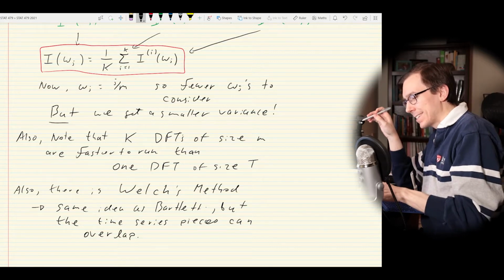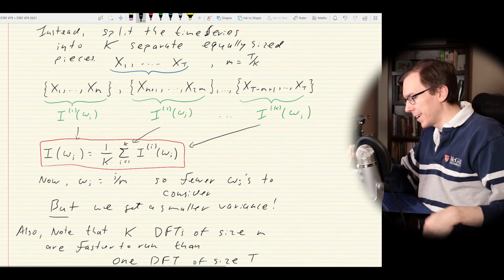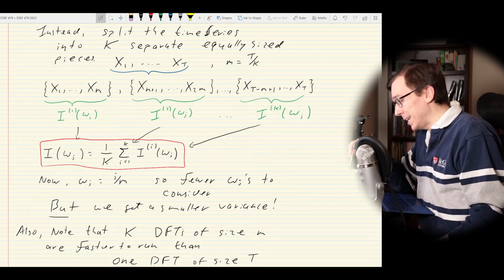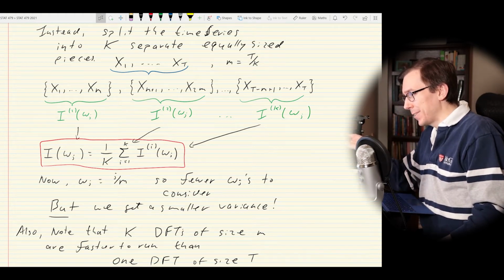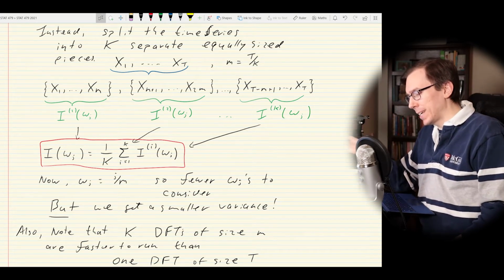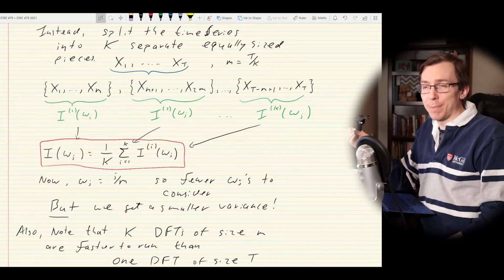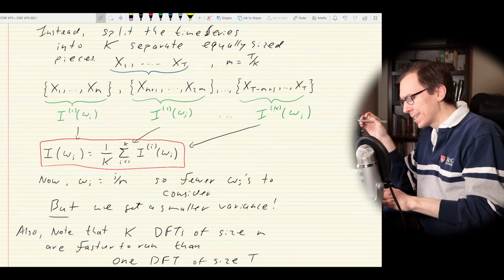So what I mean by that is that if we go back up here, and I said we had our k disjoint pieces, in Welch's method they don't have to be disjoint. So it kind of generalizes the idea of Bartlett's method by allowing them to overlap a little bit.